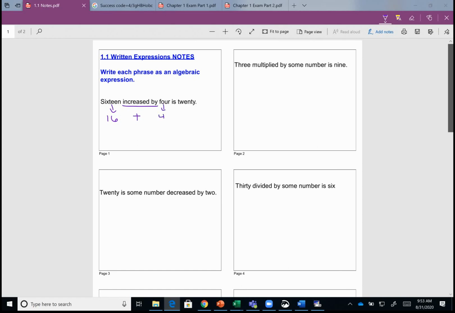Increased by 4. Now the word is not part of our foldable, but it is a super key word when we're writing our expressions and equations. Is indicates equals, or your total. And we have 20. So 16 increased by 4 is 20. Take the English to math, and we have 16 plus 4 equals 20.